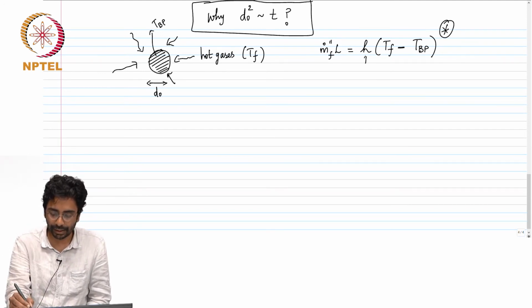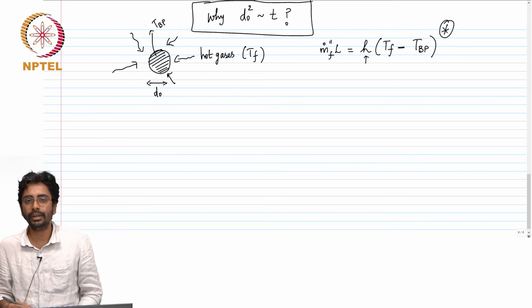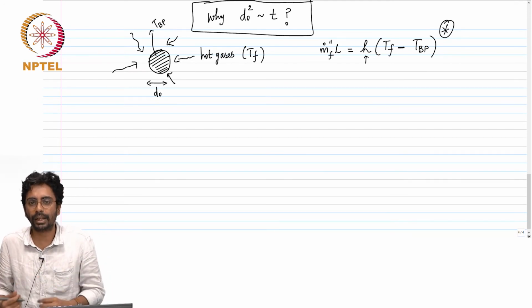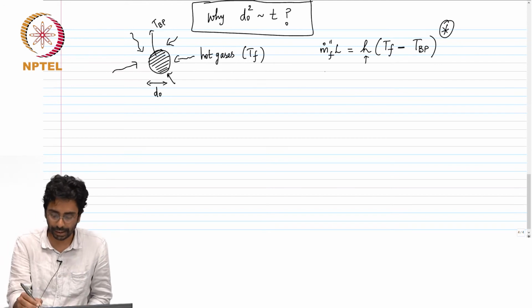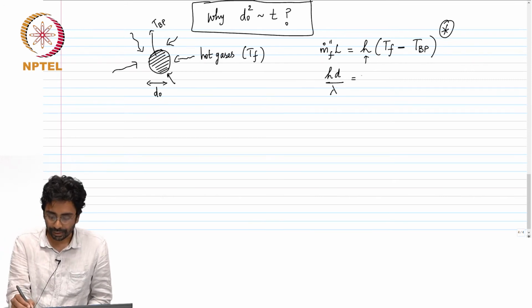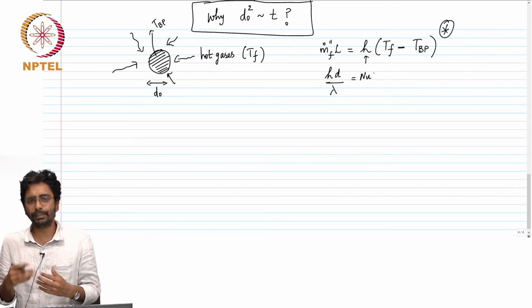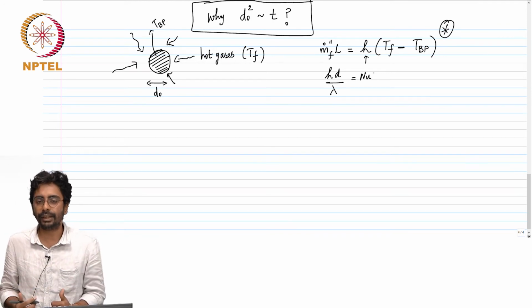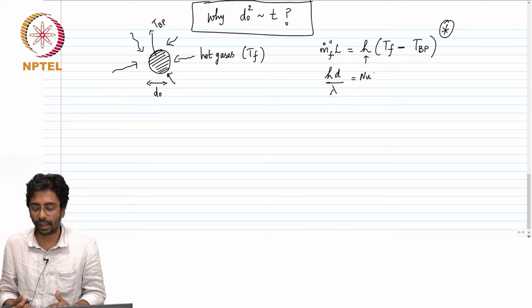H is the convective heat transfer coefficient, and how can we get H? Usually we use Nusselt number correlations to get H, right. So Nusselt number is H d by lambda, where lambda is the thermal conductivity, but the Nusselt number here is slightly different from the Nusselt number you would have studied in normal heat transfer.